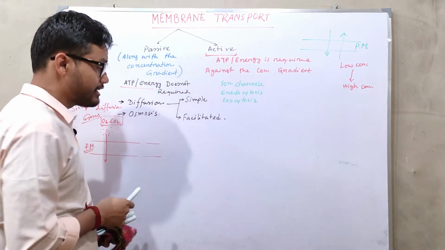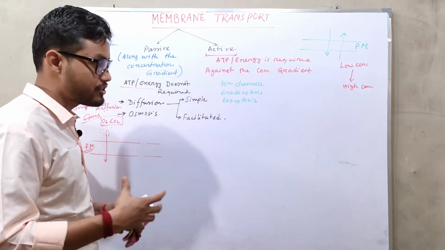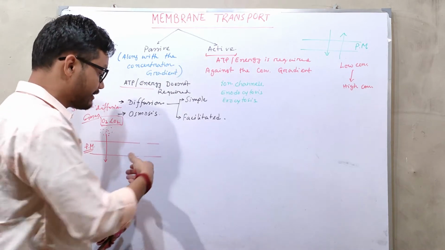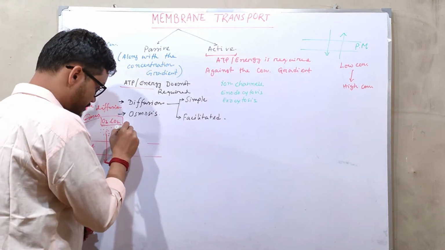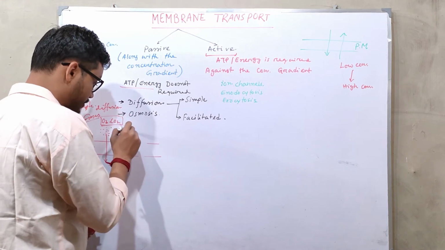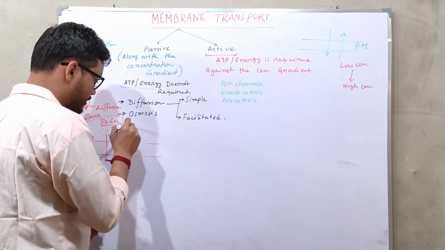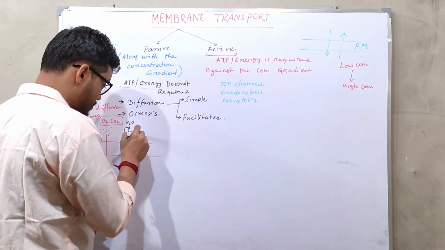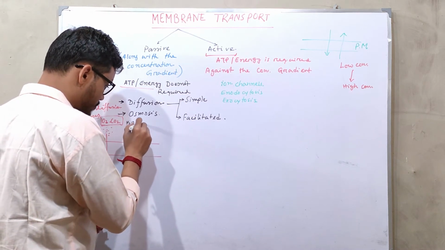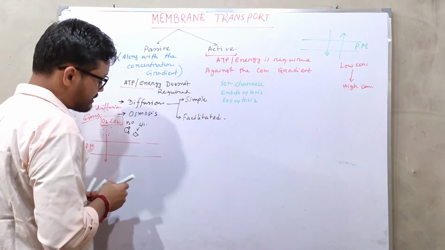Another type is facilitated diffusion. Some molecules are big enough that they cannot cross the membrane by themselves, such as water, H2O, or glucose, which is a large molecule.